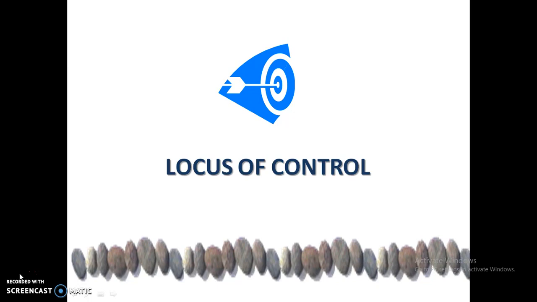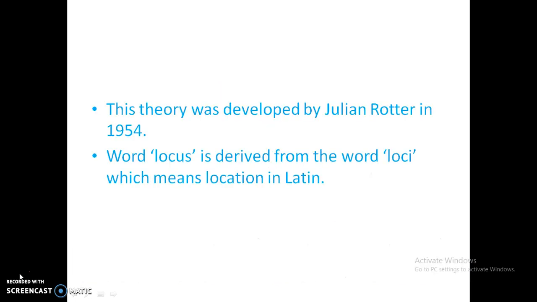Hello everybody. Let us today study yet another interesting theory in the study of personality, which is called locus of control. The theory was developed by an American psychologist by the name Julian Rotter around 1954.